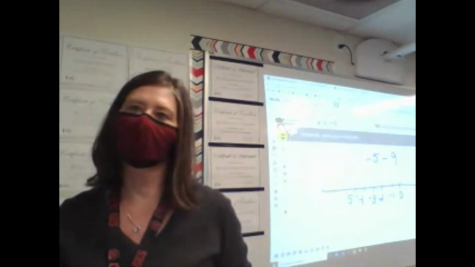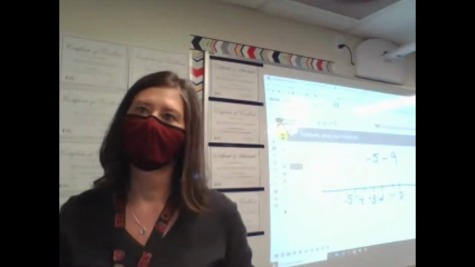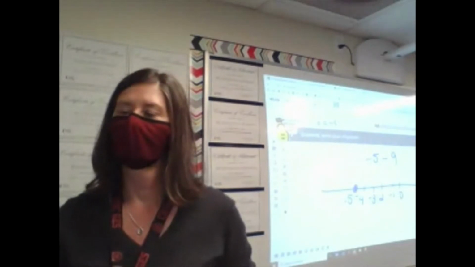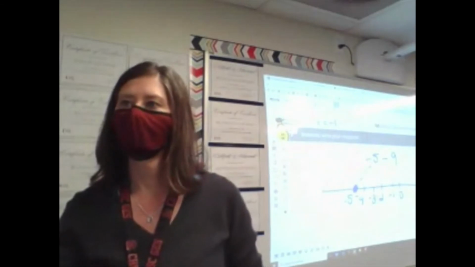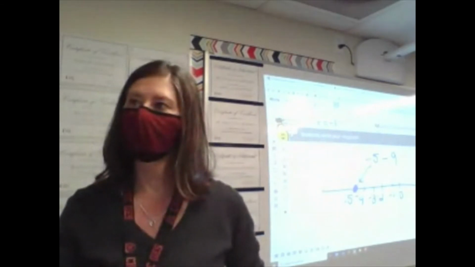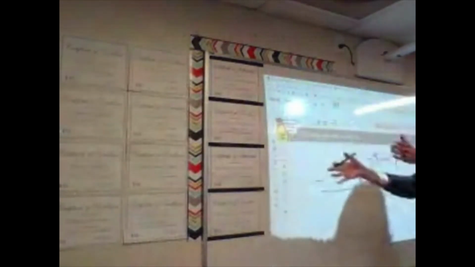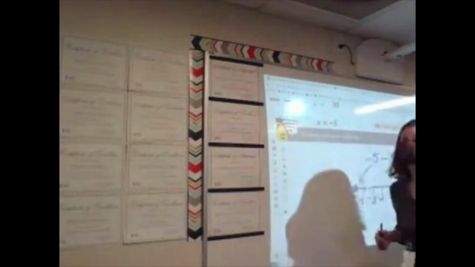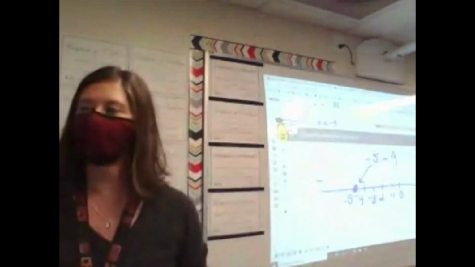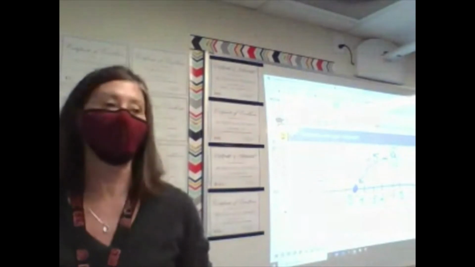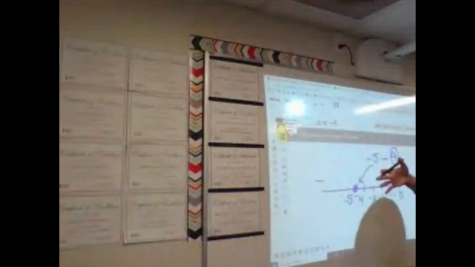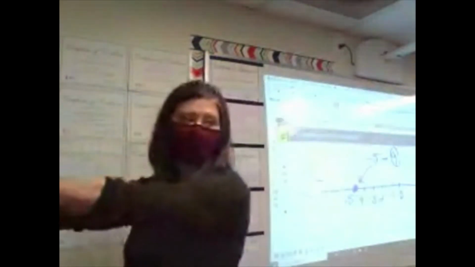So this is our starting point, -5. Okay, so that's our start. And now we've got a minus. So I'm starting here, and this tells me I'm going to look towards the negative direction, right? And then since I have a minus sign here, this number is a positive, so it tells me I'm going to go forward. If I'm looking towards my negative direction, it has to tell me I'm going to walk forward. So that means I'm going to end up going this direction.